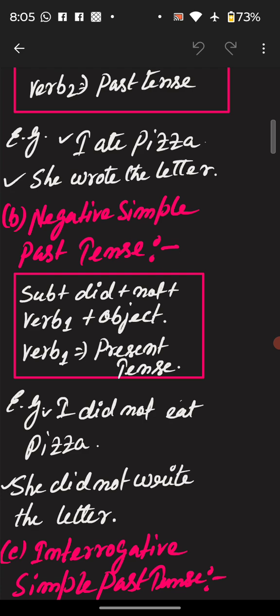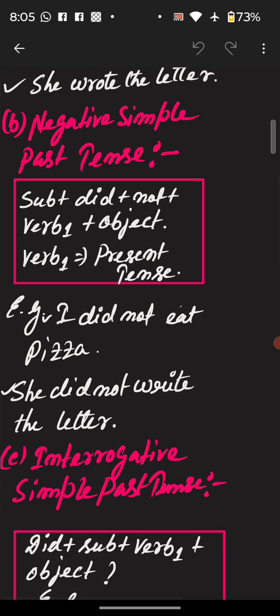So as one verb has already changed its tense from present to past, the main verb will not change its tense, it will remain in the present form. Am I clear? Let me first give you some examples so that it will become more clear to you.